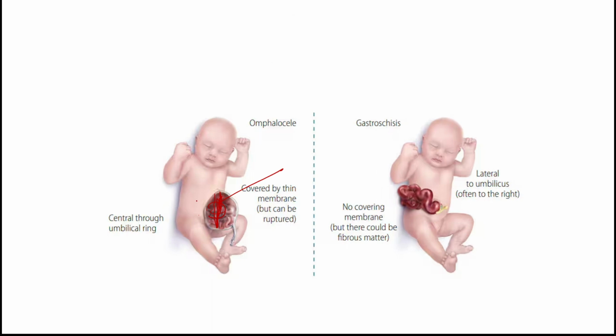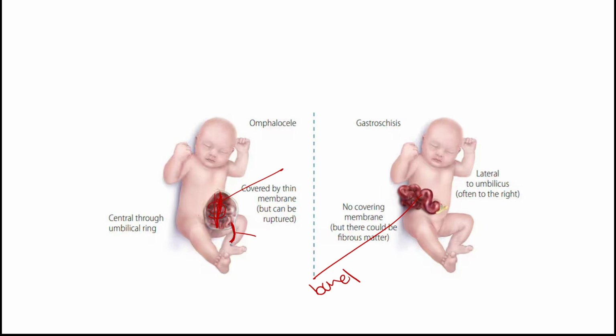Omphalocele is a condition where the abdominal contents are found outside the abdominal wall, covered by a membrane, but the umbilical cord is identified without any problems. This is present in the midline. In gastroschisis, the difference is that usually it consists of part of the bowel.